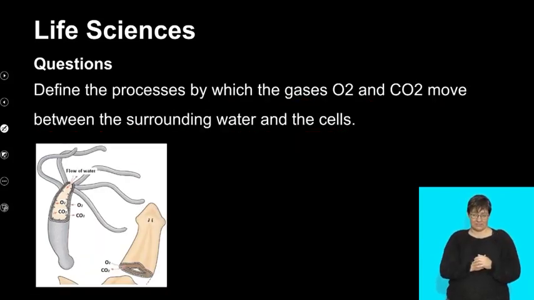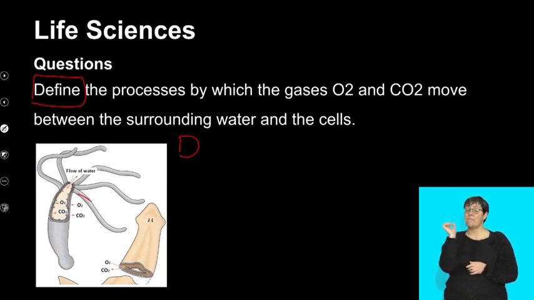So what could I ask here? It says, define the processes by which gases, oxygen and carbon dioxide, move between the surrounding water. It doesn't say name, it says define. That process is diffusion, and because it is diffusion, you need to define it.